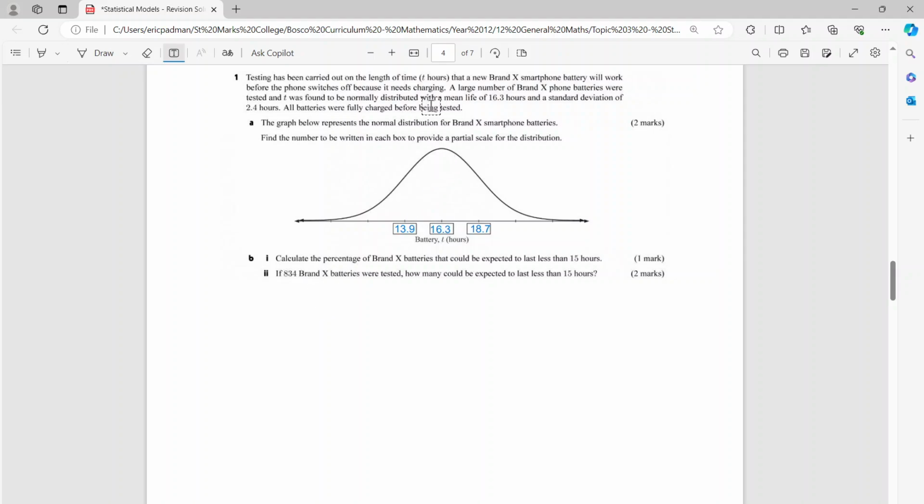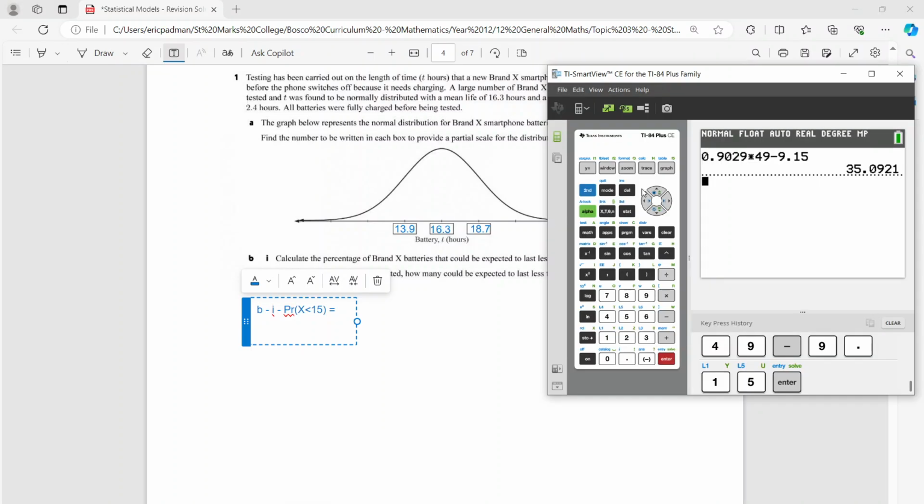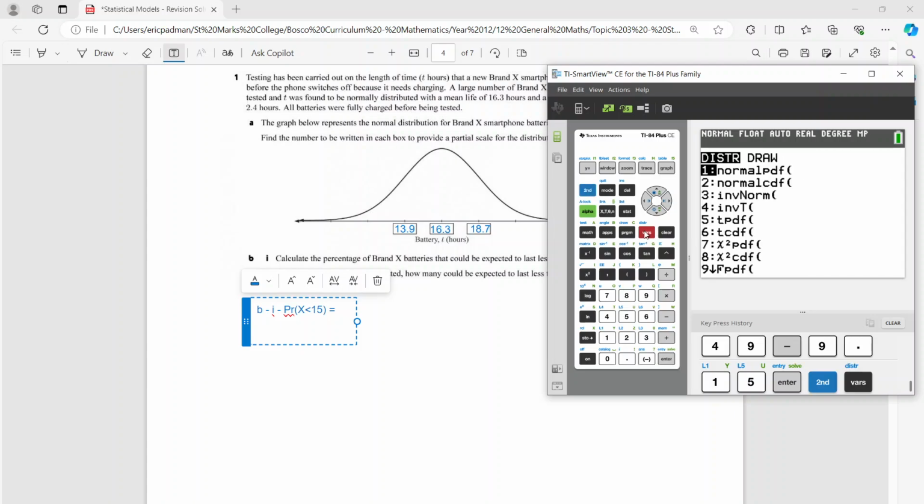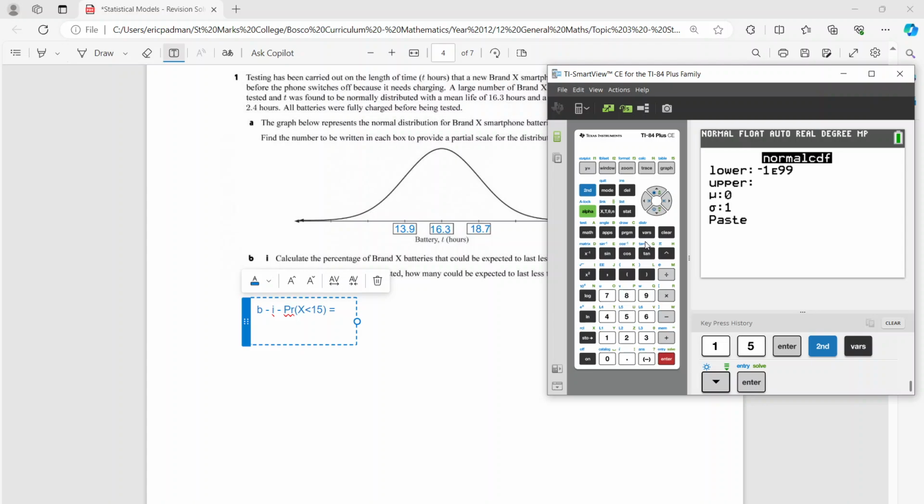What percentage of brand X batteries are expected to last less than 15? Okay, so finding the probability that X falls less than 15. B part Y equals, all right, calculate time. So back to our distribution, normal CD.